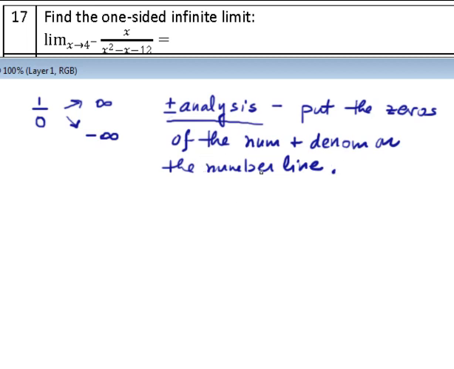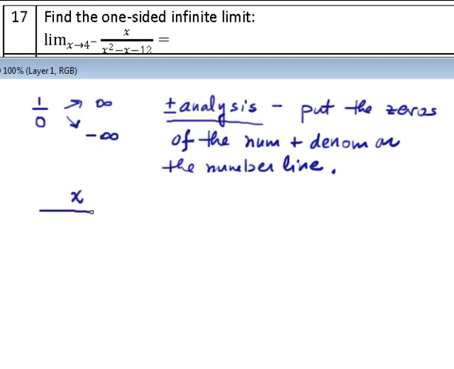And look in between, on the intervals formed, and see if the function is positive or negative in between the zeros of the numerator and denominator. It's only at the zeros of the numerator and denominator that the sign of a rational function can change.